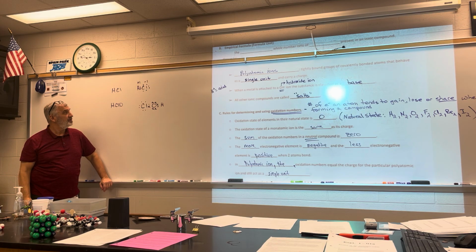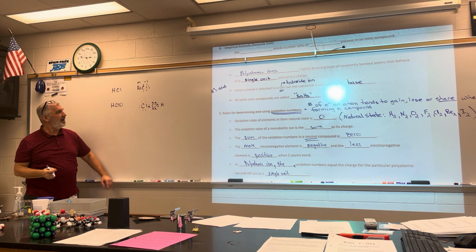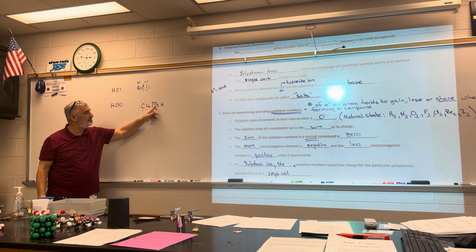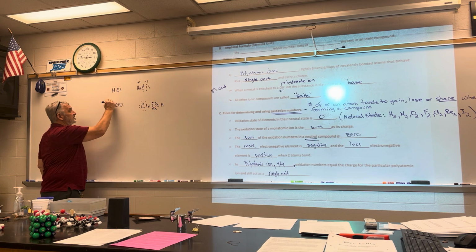Okay? So when I want to talk about oxidation states, again, hydrogen has how many electrons involved in bonding? 1. It's with the oxygen, it has 1, but oxygen is more electronegative than hydrogen, so hydrogen is going to be the +1.